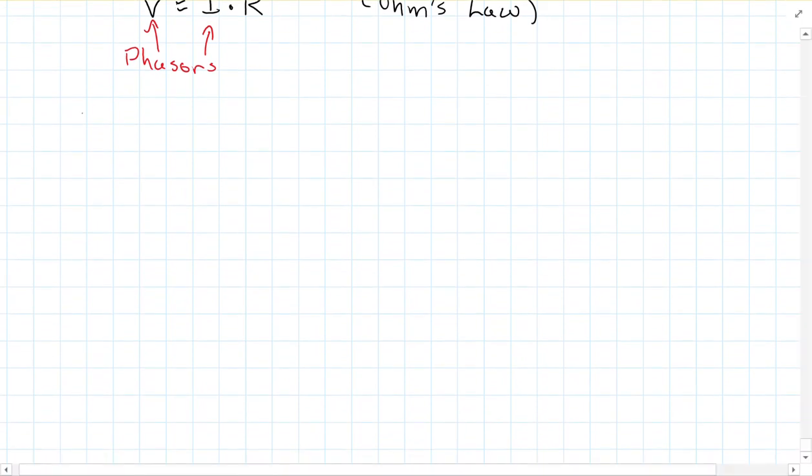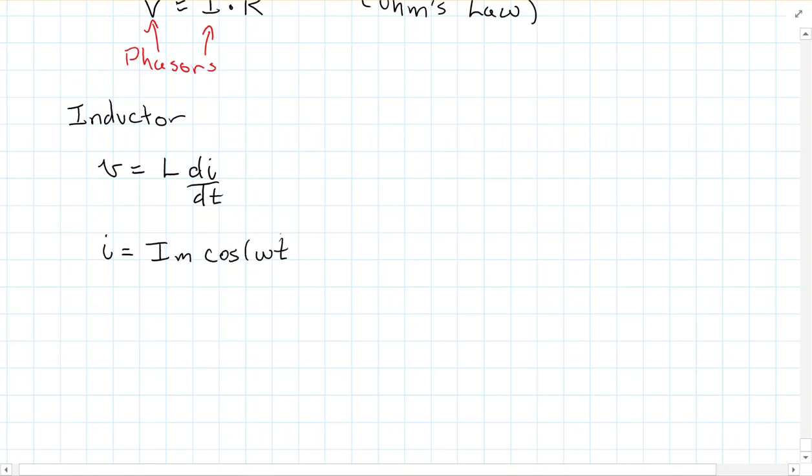Alright, so let's move on, and let's talk about what happens with an inductor. Well, now we have to remember the current and voltage relationship for an inductor, and it's that the voltage is equal to my inductance times the derivative of the current. So I'm going to go ahead and start off with a current, and I'm going to take this a couple steps at a time. So I've got a current here that is Im cosine omega t plus phi.